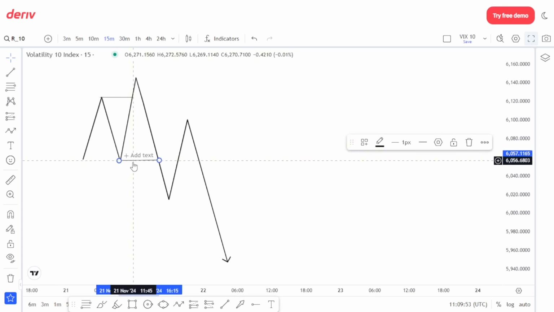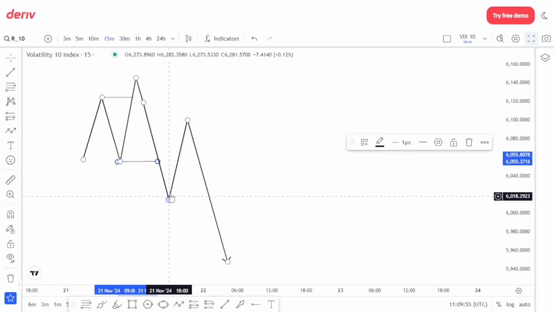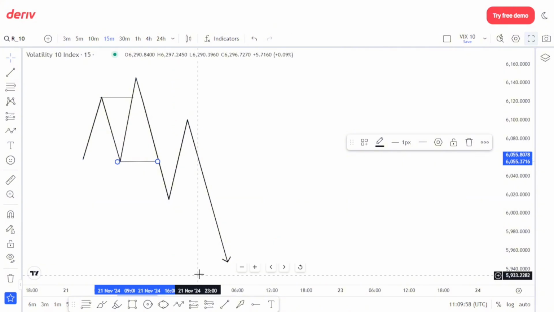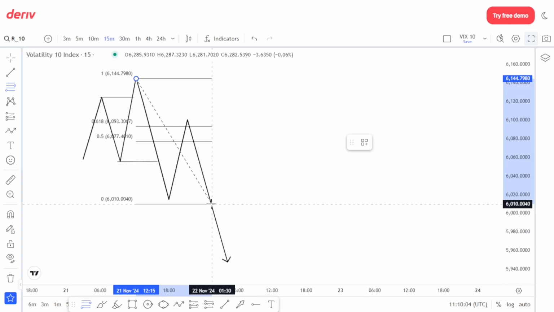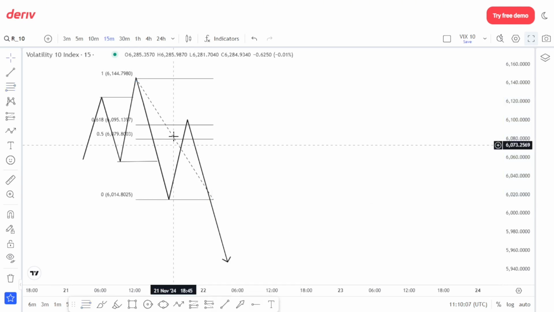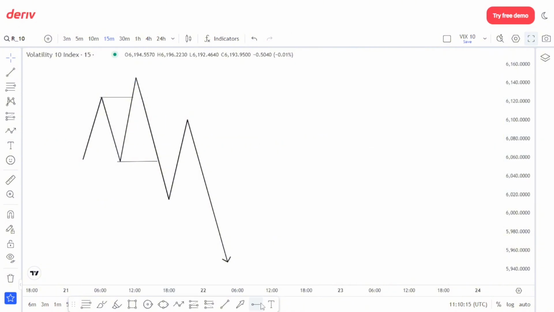Then this pullback must happen, and it must be 50% of the Fibonacci. I teach this stuff which you can use to flip your account. So it must be 50% or above. So this one is valid.